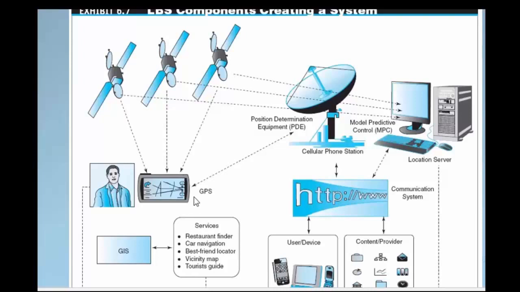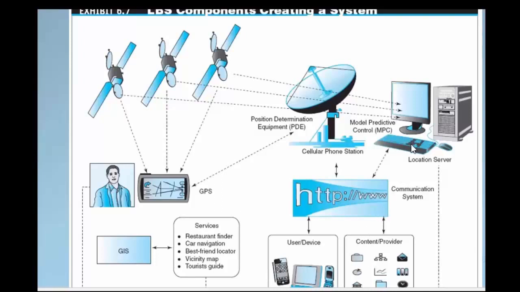This is the technical backend layout behind a location-based communication system. This is the user's device, and this is the content provider, which is your service provider, your internet service provider, your broadband provider, the mobile data provider. And then this is the user's device.